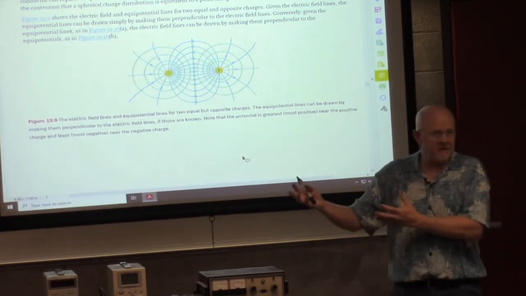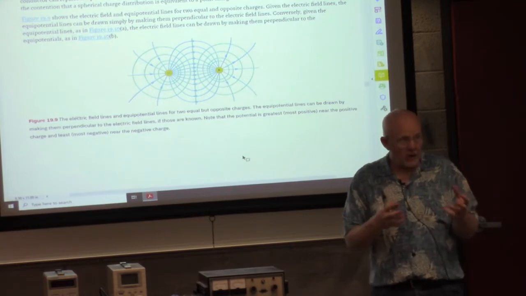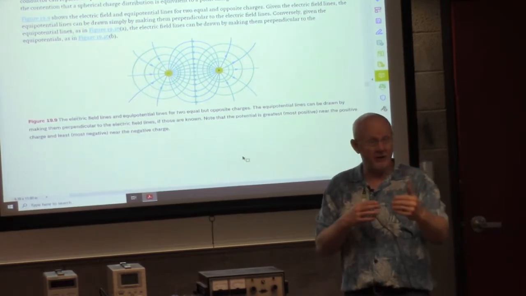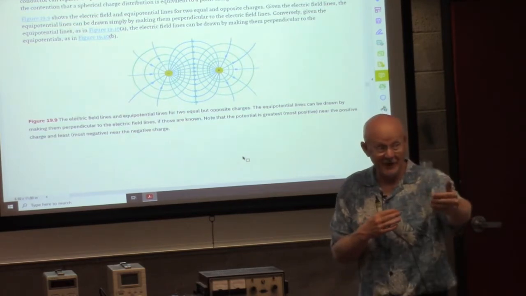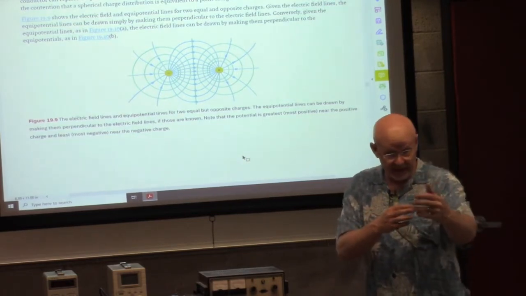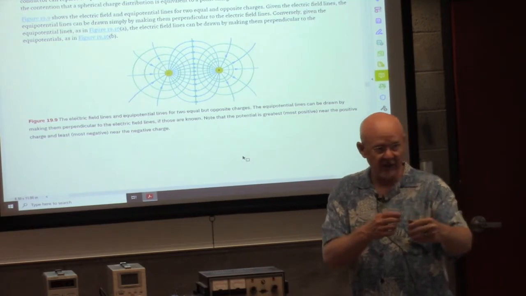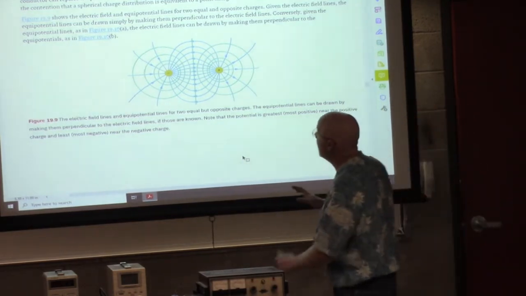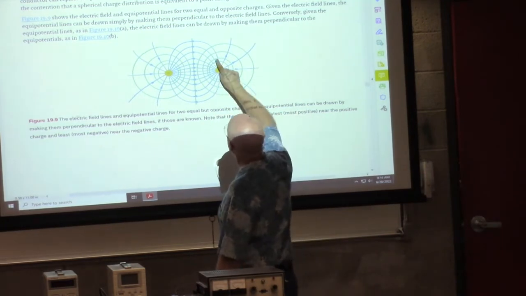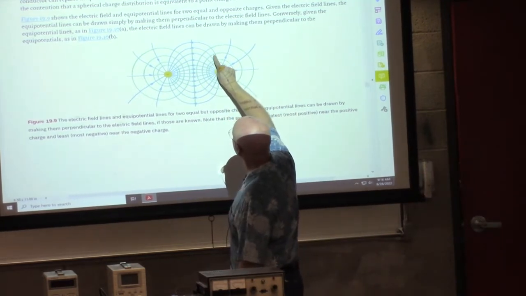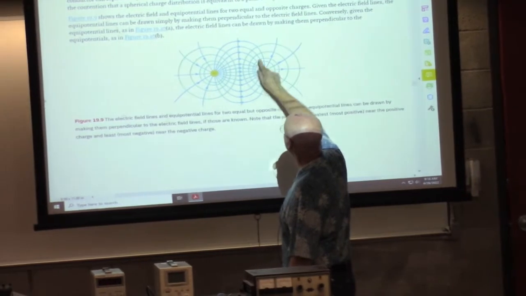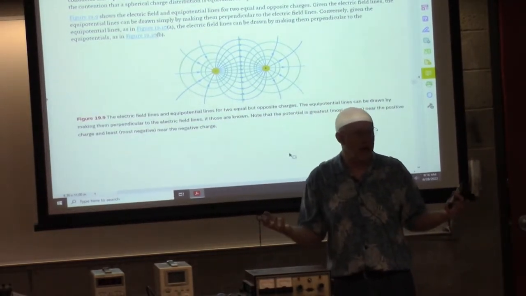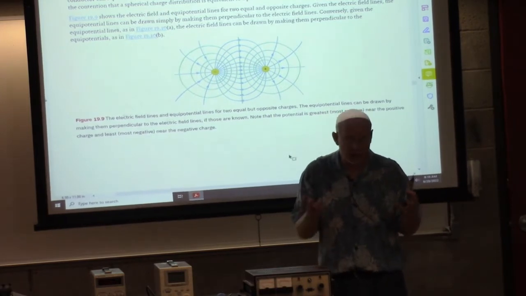Remember that way back in Physics 110, where work is force times distance, but it's the component of the force in the distance you move? So if you ever move perpendicular to the force, there wouldn't be any work. And so your author's trying to say that if you are, say, right here, and if you move perpendicular, along this green line, you wouldn't change your energy level. You're not doing any work.